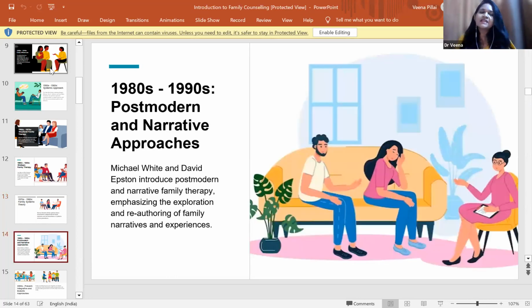In the 1980s and 1990s, the postmodern and narrative approaches by Michael White and David Epston emphasized the exploration and reauthoring of family narratives and experiences, what happens in a particular family, or the values that they carry through the generations.